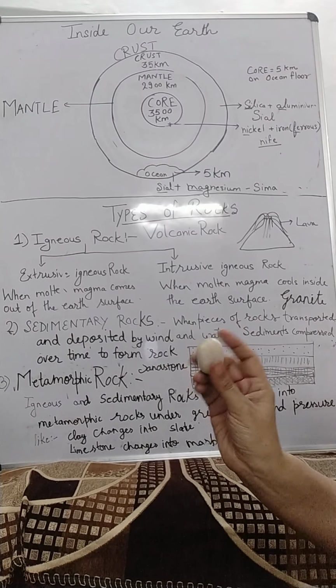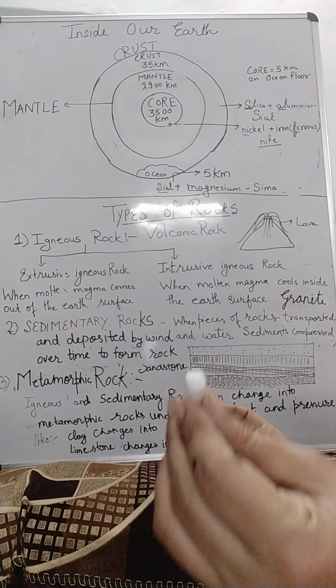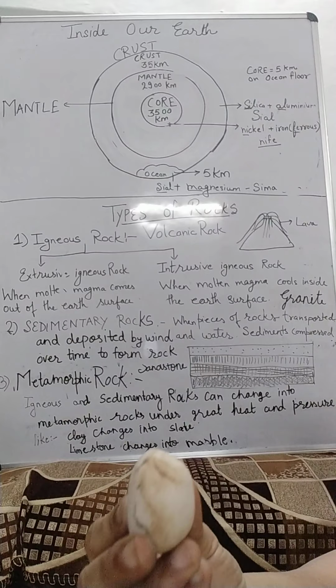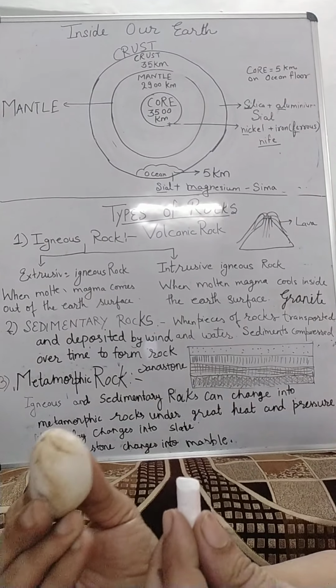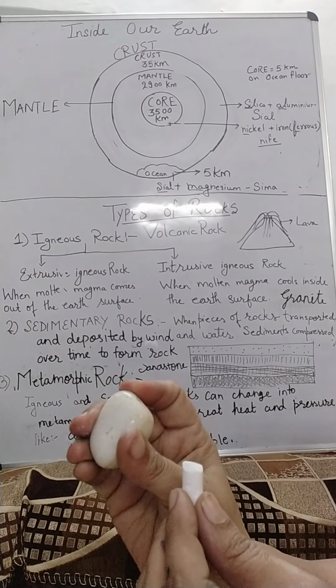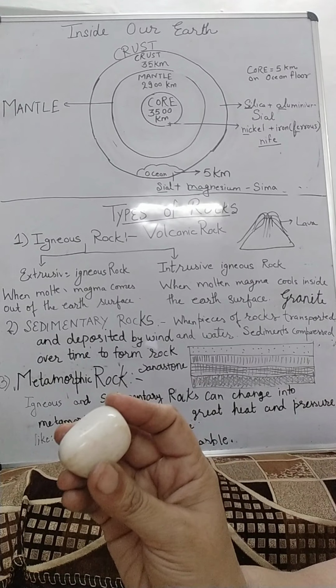Chalk is an example of sedimentary rock, and marble is an example of metamorphic rock. So a chalk could become a marble, and this change of form, as it becomes too hard and becomes marble, is an example of metamorphic rock.